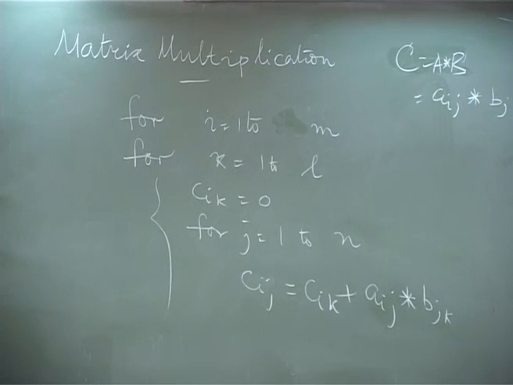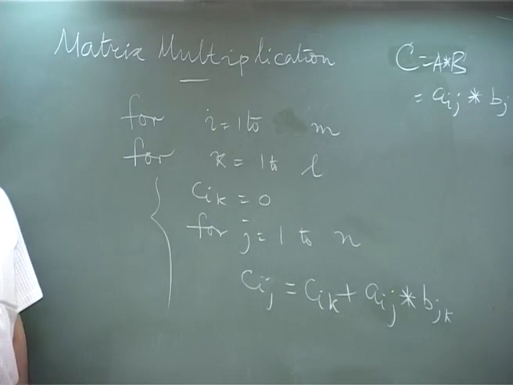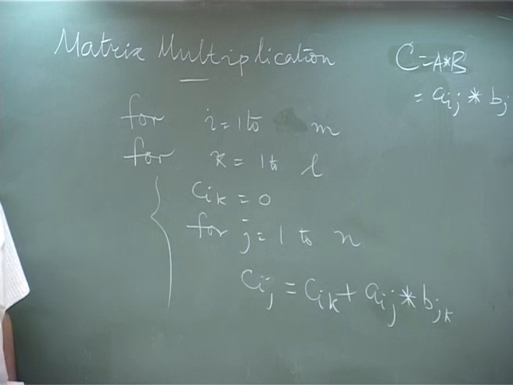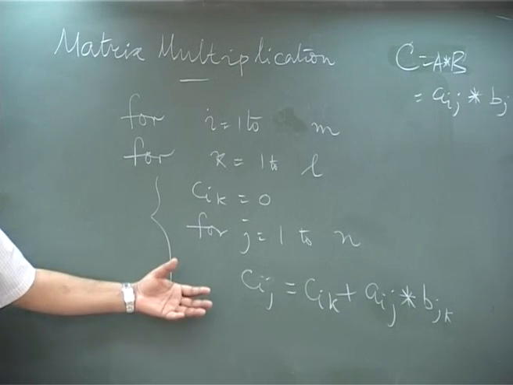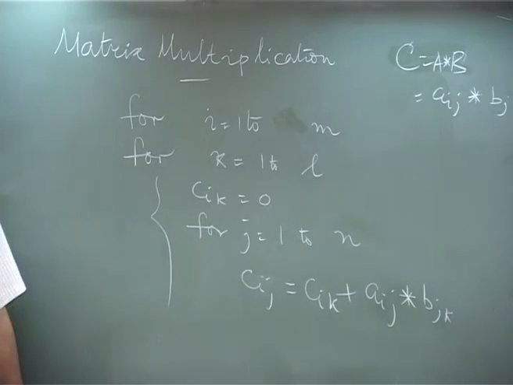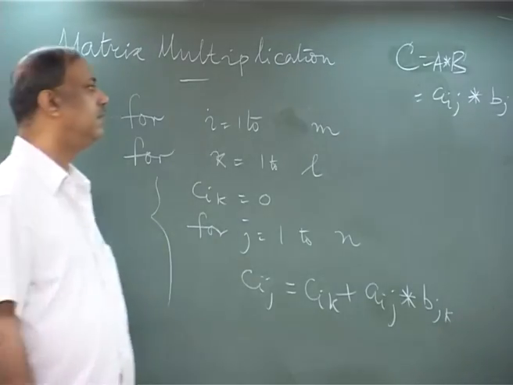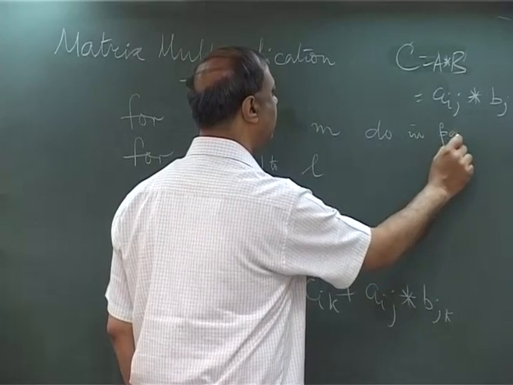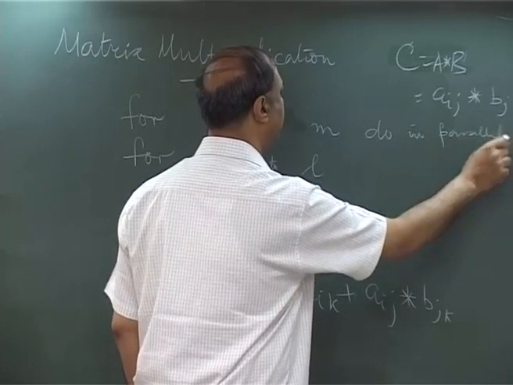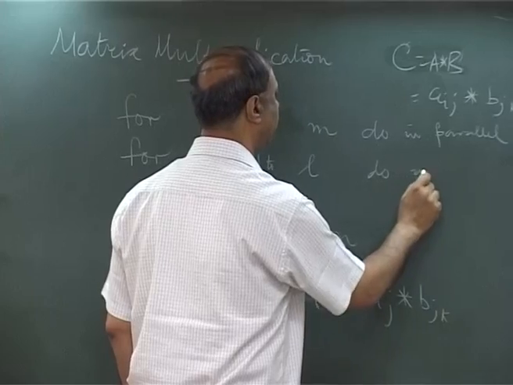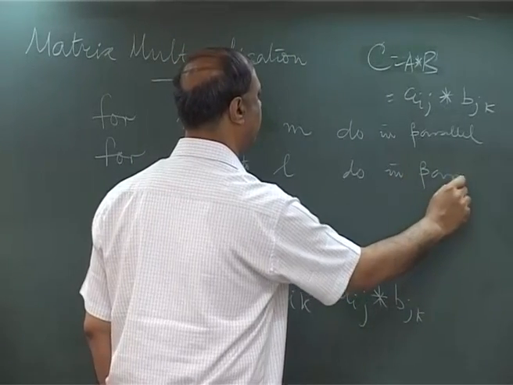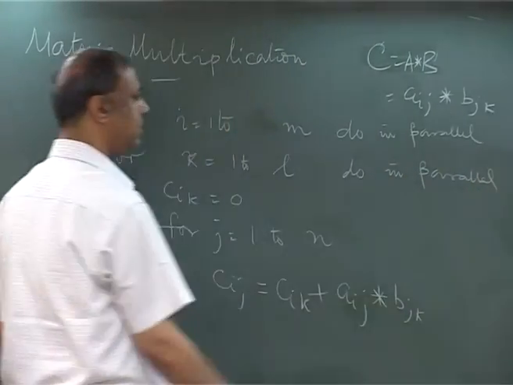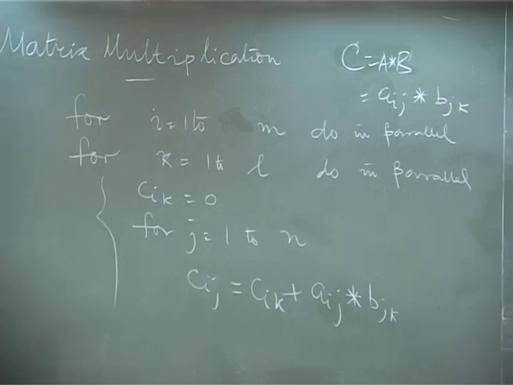And if I have the shared memory model with n square processors, I can easily write this algorithm on shared memory. Just simple, I write do in parallel, and the rest is put in your loop.